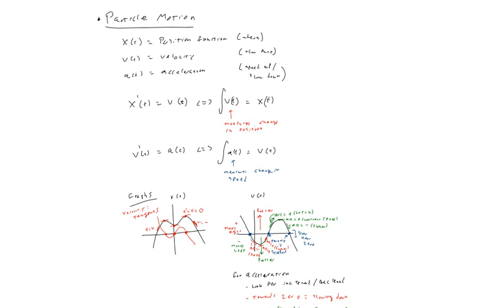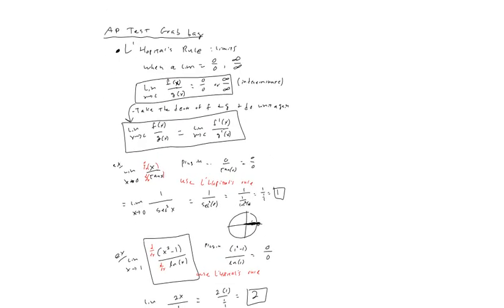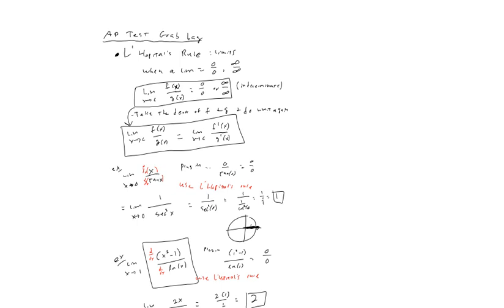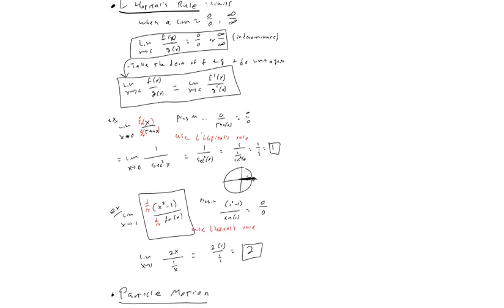And L'Hopital's rule, make sure you remember L'Hopital's rule on limits, where you take the derivative of the top and the bottom and you find the answer that way. If it equals 0 over 0 or infinity over infinity, do the derivative and then solve your limits that way.